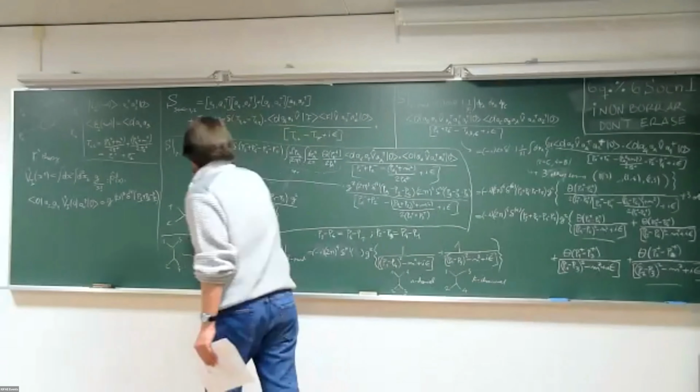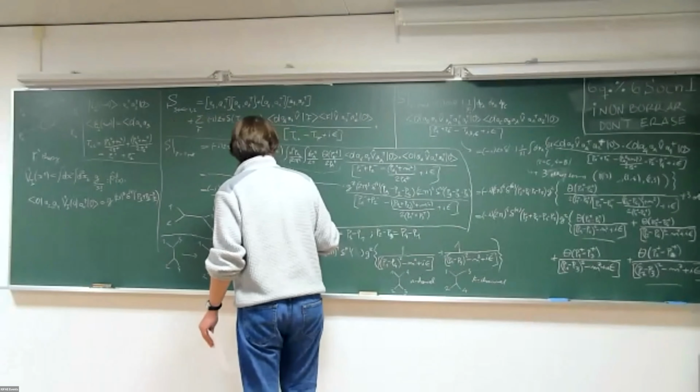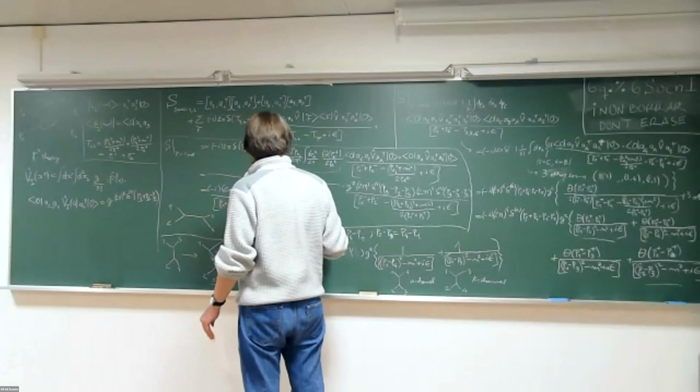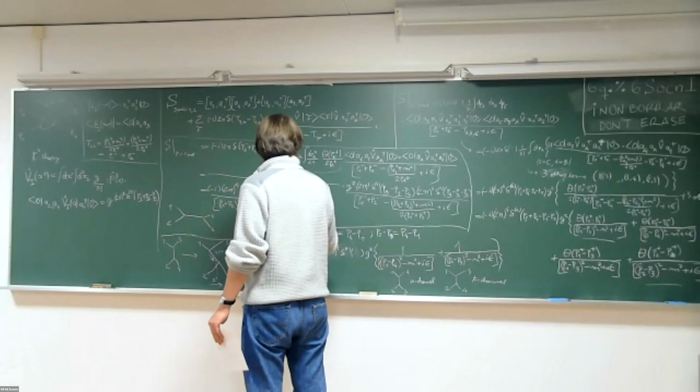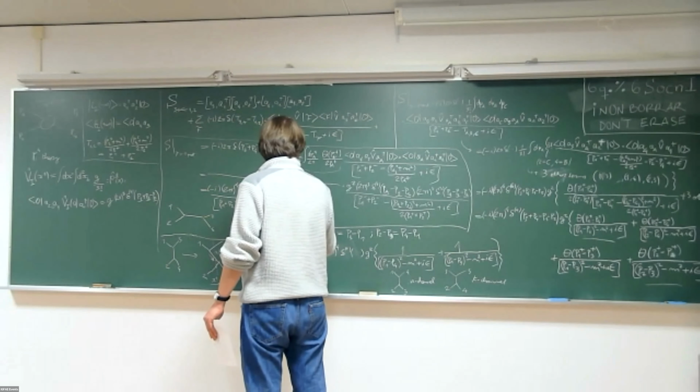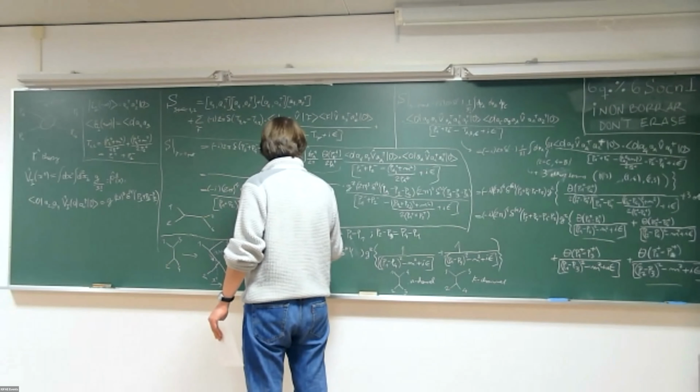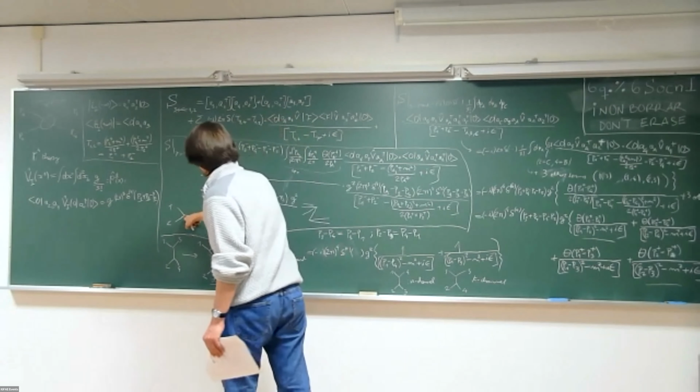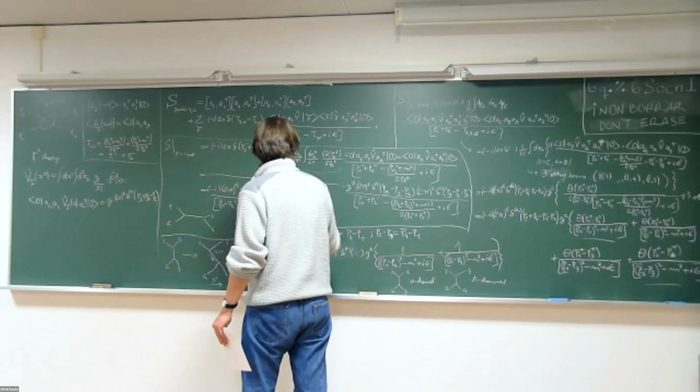And just this one has only one term, because the only other possible way to order would be if we have something like this, so this guy is merging, and we put this vertex after this one.